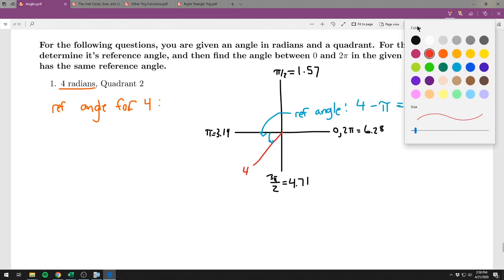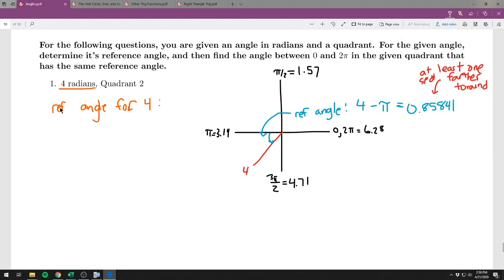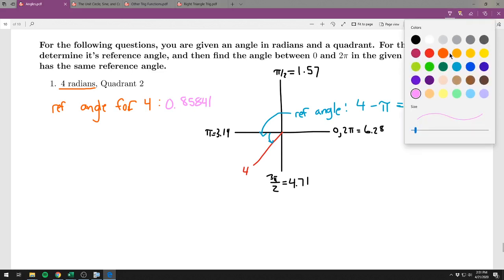Right, that's pretty much always a safe thing to do. Sometimes it might even be safer to go 2 or 3 spots further than you have to round. But the reason you don't want to use the number like 3.14 is it's automatically going to round it to 2 spots, and that might not be far enough. But our reference angle for the angle of 4 radians is 0.85841. If you round farther than the question says, that's quite all right. It'll still accept it.